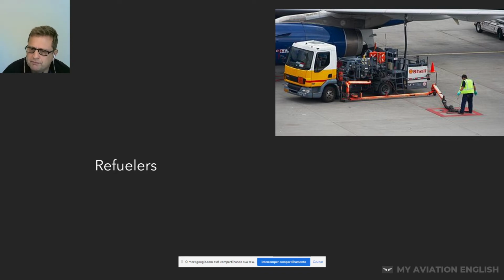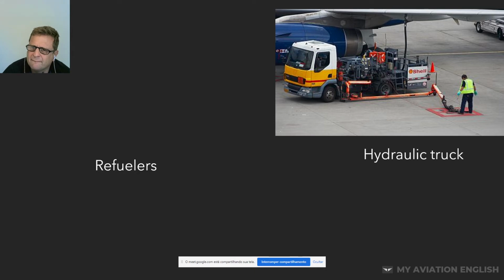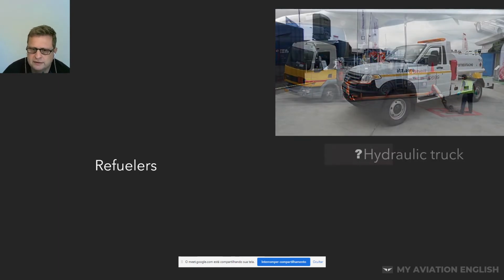The name of it, please. Do you know? Like a pump truck, hydraulic truck. Pump truck or hydraulic truck.